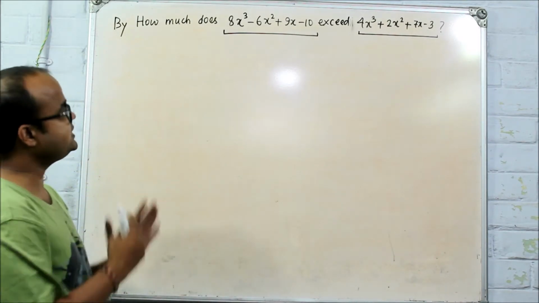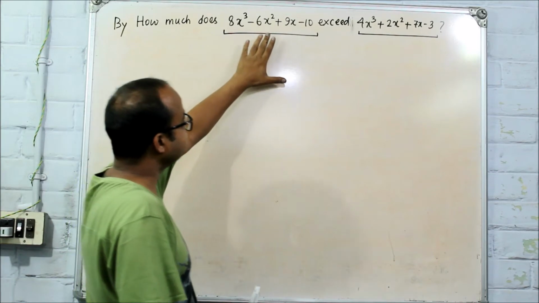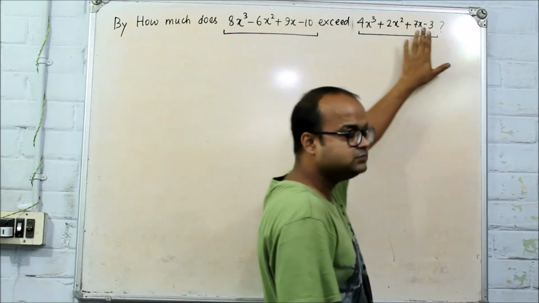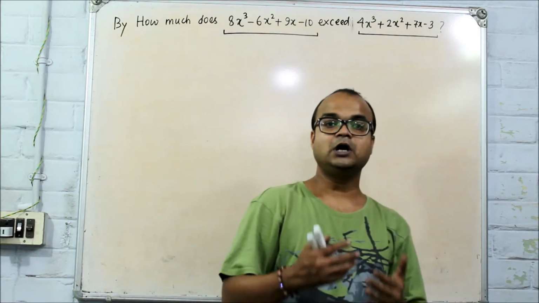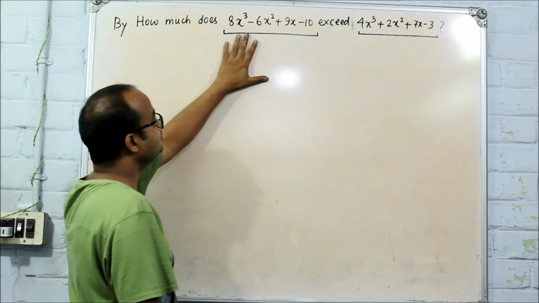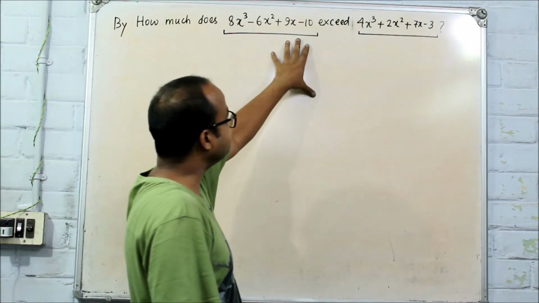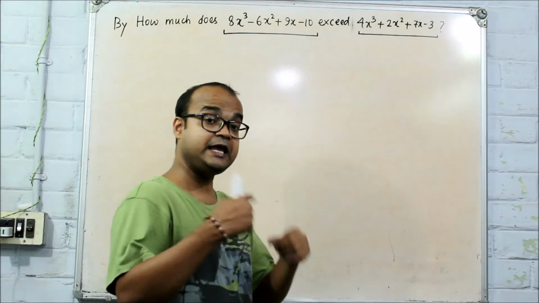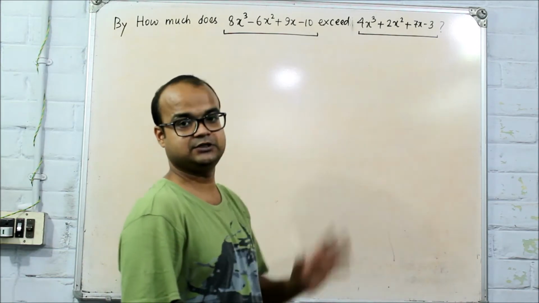So we'll do the same thing. We subtract this term minus this term, so we'll know how much 8x cube minus 6x square plus 9x minus 10 exceeds the given term.